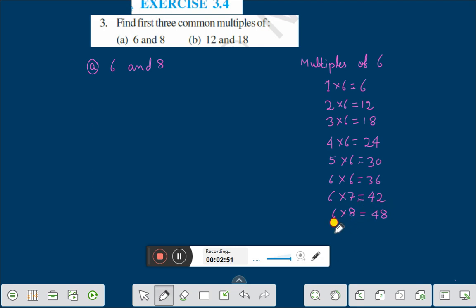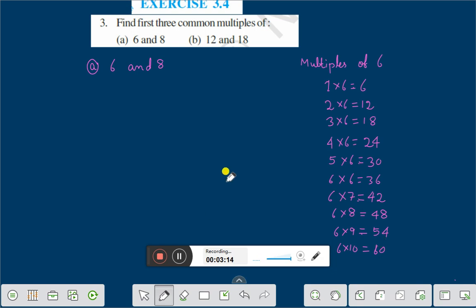Then 6 into 9, 6 9 is 54, and 6 into 10 is equal to 60. These are the multiples of 6.